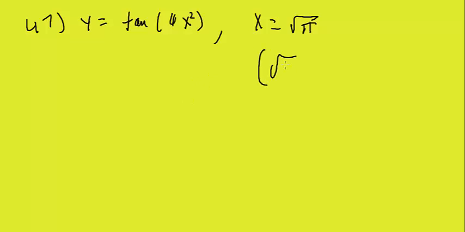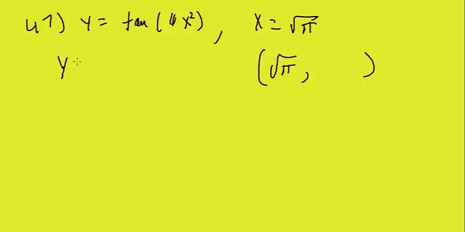Y is equal to tangent of 4x squared. X is equal to rad pi. Okay, I know my x value. I need to know my y value before I can write the equation of a tangent line. How do I find my y value?